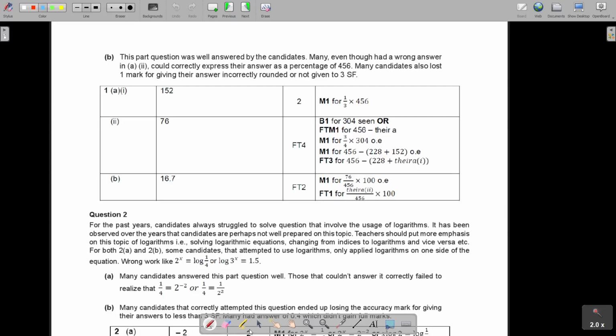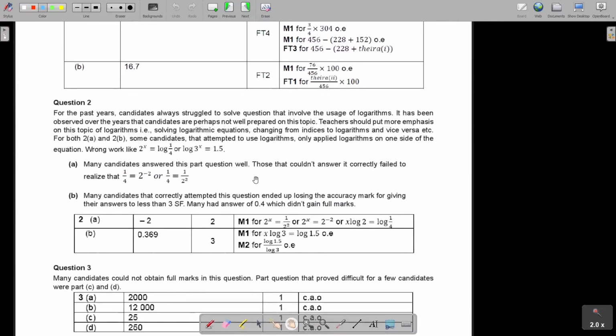So basically, let's just see what the report is saying. For the past year, candidates always struggle to solve questions that involve the use of logarithms. It has been observed over the years that candidates are perhaps not well prepared on this topic. Teachers should put more emphasis on this topic of logarithms: solving logarithmic equations, changing from index to log form, and vice versa.